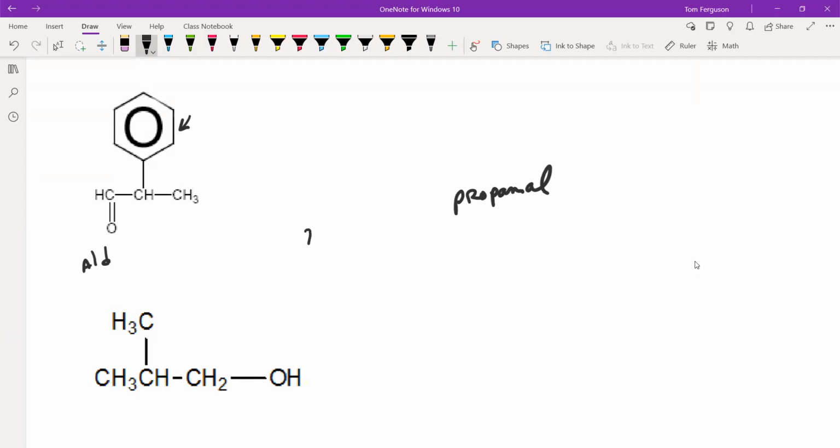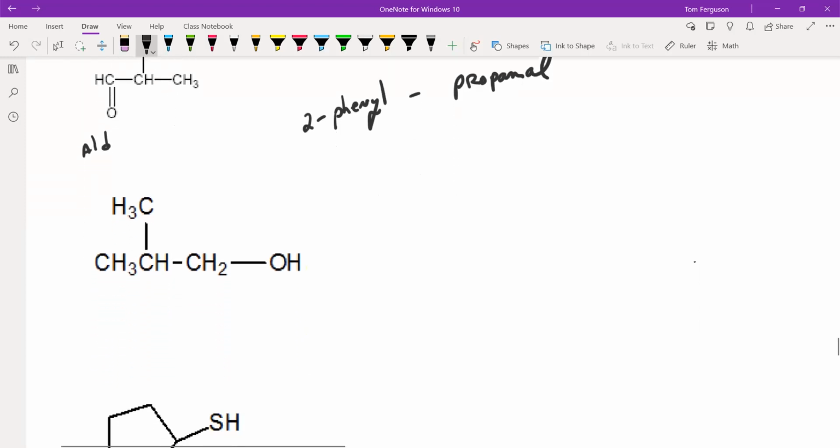So it's going to be 2-phenyl butenol. Okay, so we've got a 3-carbon backbone primary alcohol.